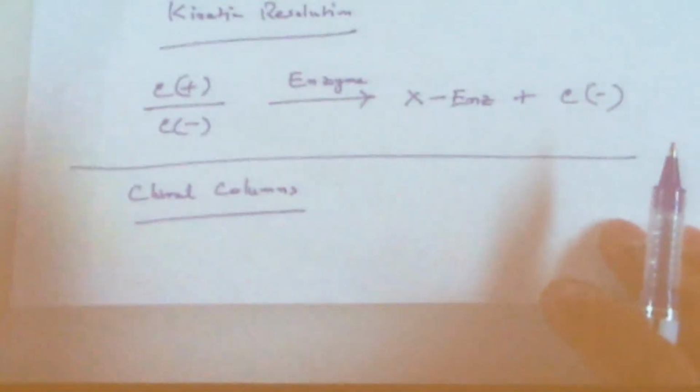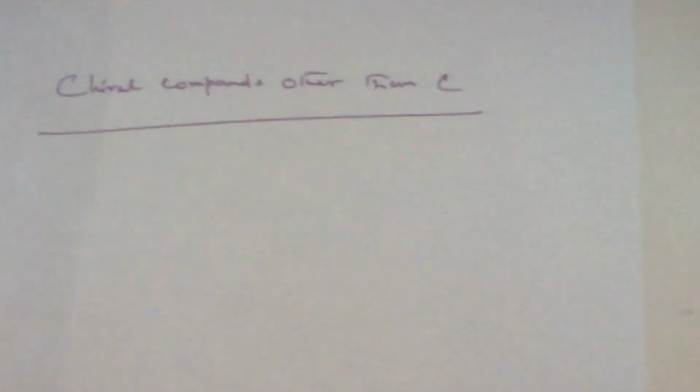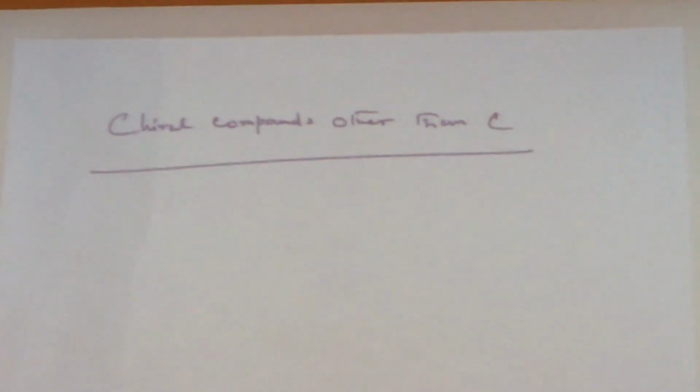The final part of your section, again, I'll go very briefly over that, is that chiral compounds can also be molecules that are not only carbon compounds.